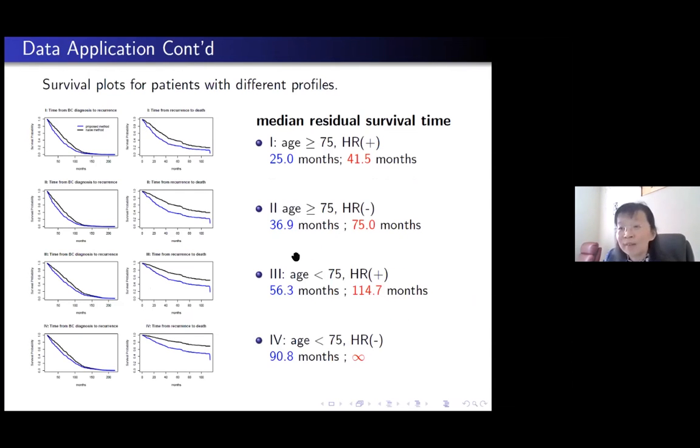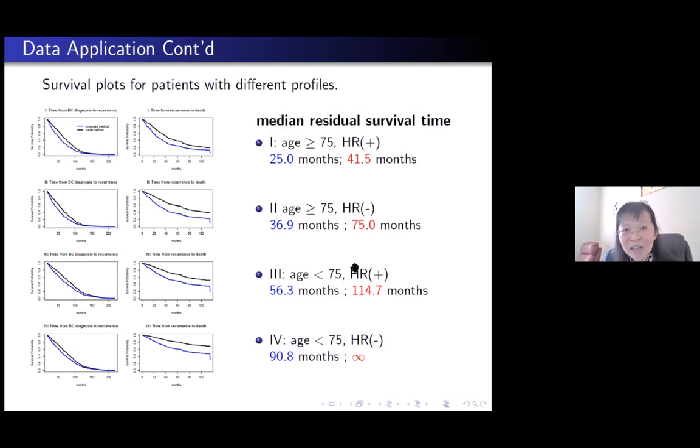We then plot the survival functions for patients with different profiles using both the proposed method and the naive method. The substantial difference in the estimated survival medians indicates that ignoring the sampling bias could lead to severe overestimation of the residual survival time.